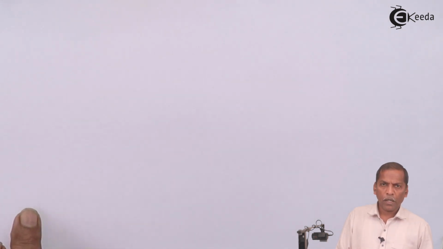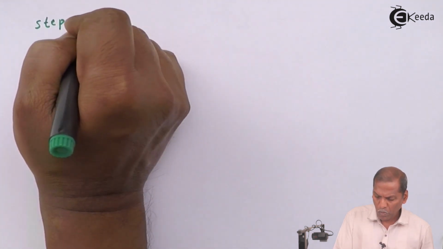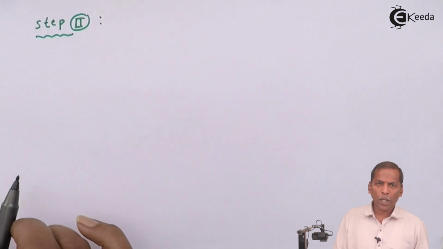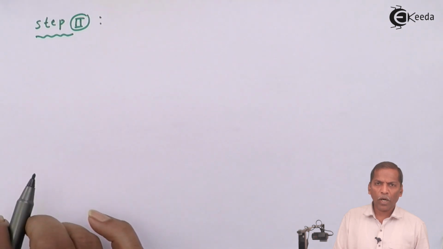Now we consider step number 2. Here we assume that P of n is true for n equal to k.